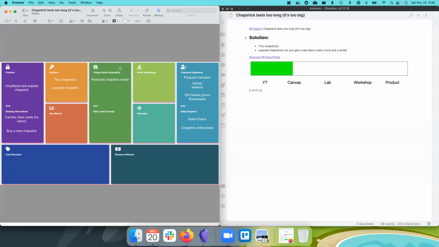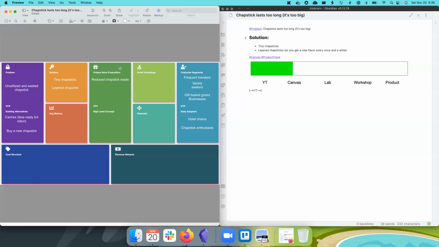Yeah, that's bad. But I think chapstick waste is not the real problem in the world more generally. Plastic waste is a bigger problem. Maybe we need a new container. Maybe we need to rethink this. Maybe we have refillable containers or something.